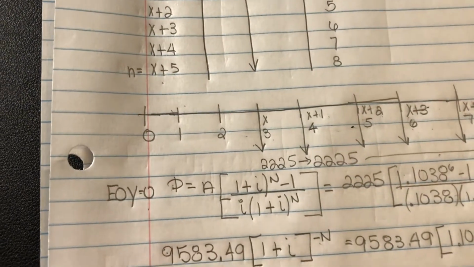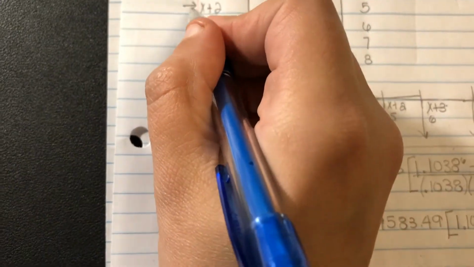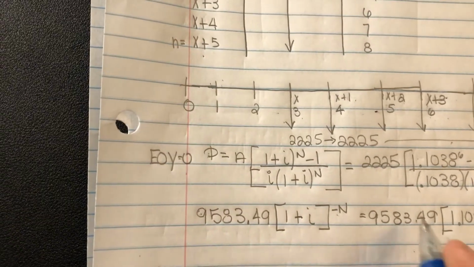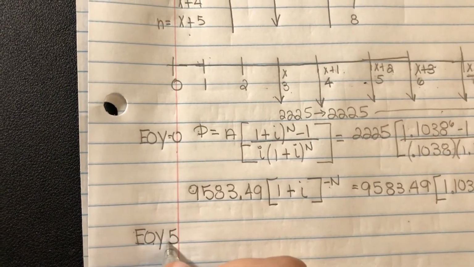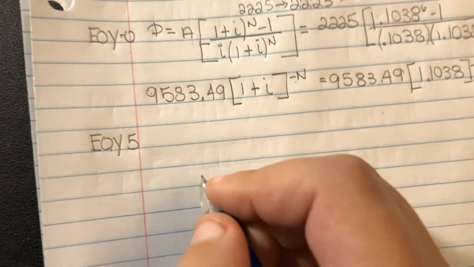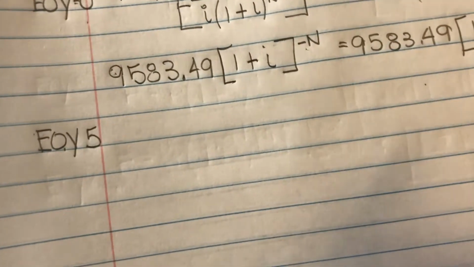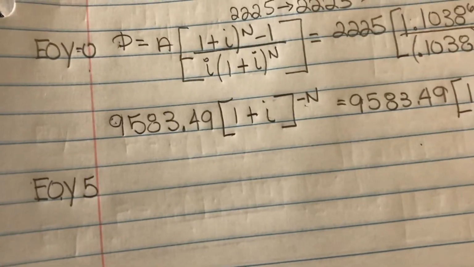All right, so for the next one, we're going to be looking at x plus 2. Well, x plus 2 is actually end of year 5. All right, so this one, we're going to use the same formula that we used in the first video that we did.